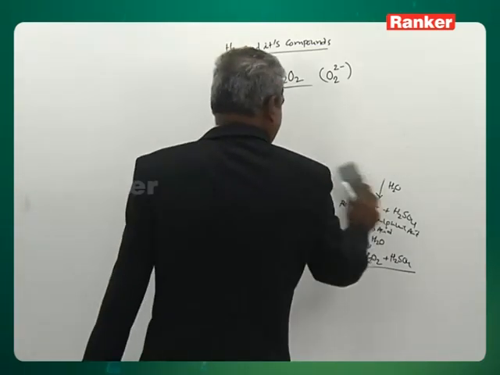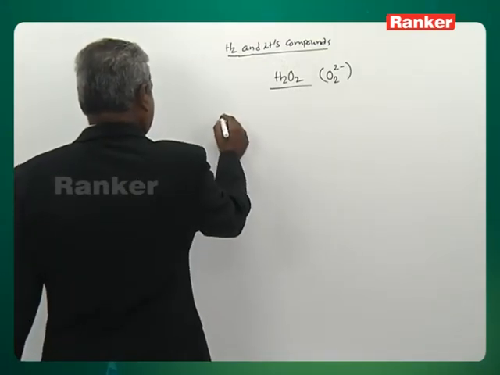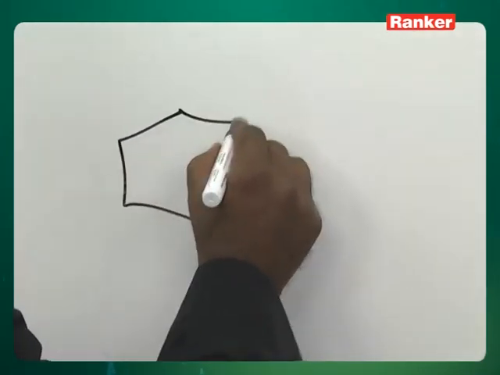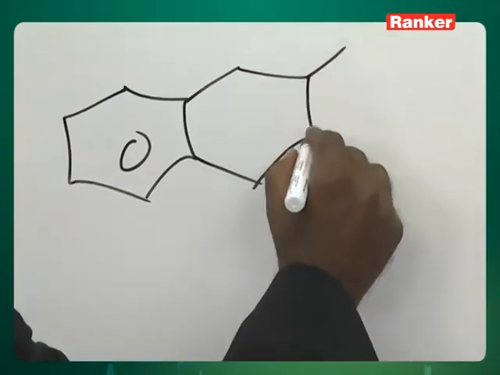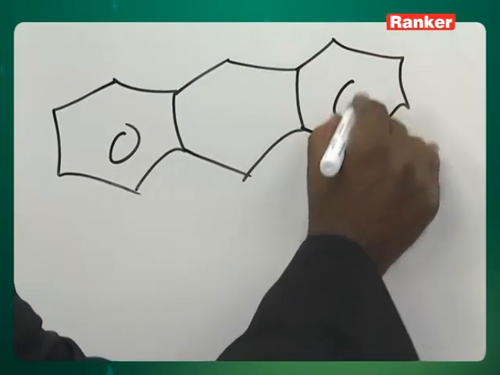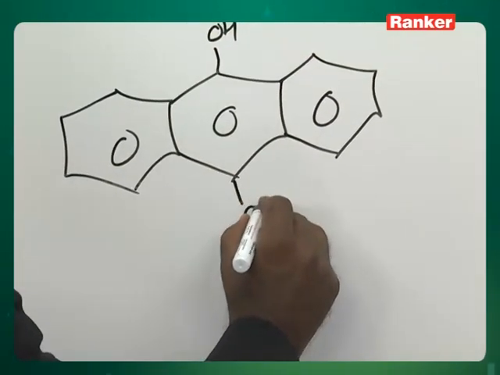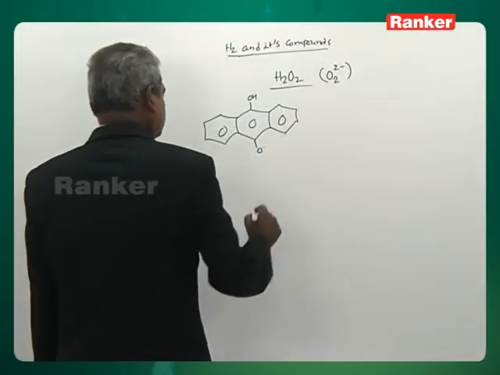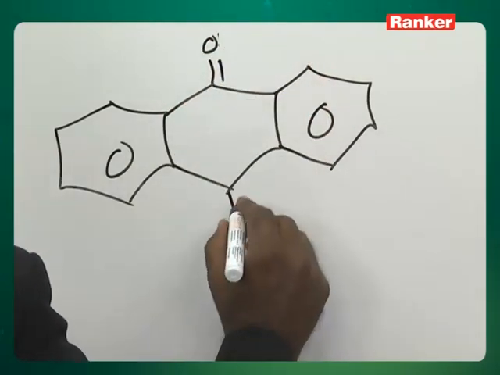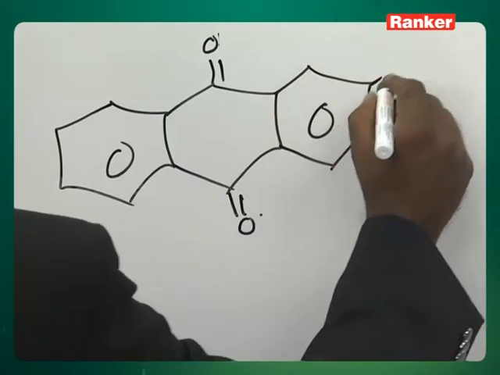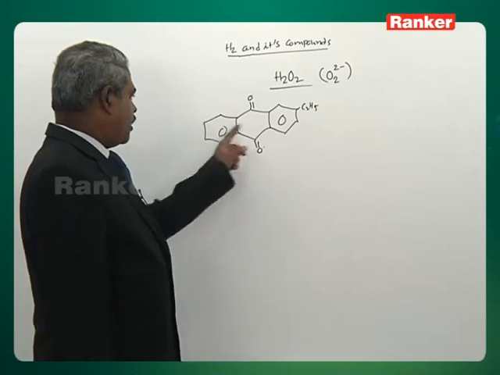Industrial method of manufacture of H2O2. Industrially, H2O2 is manufactured like this. This is called anthraquinone.